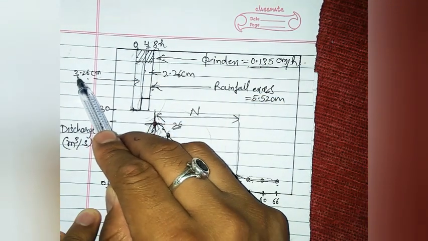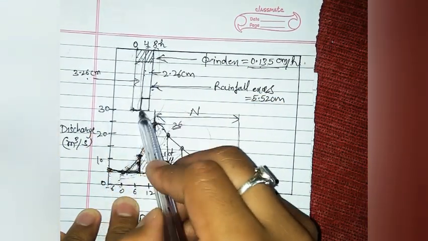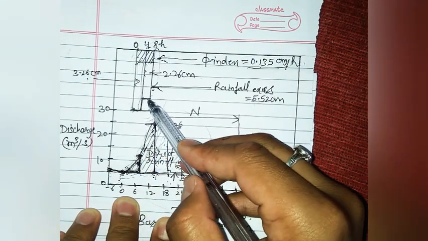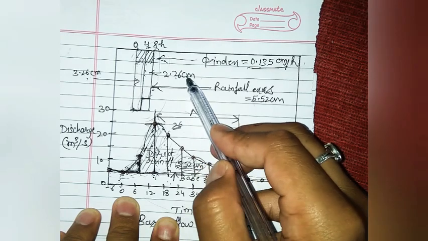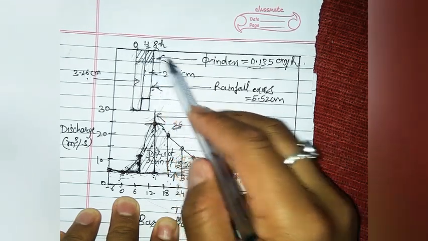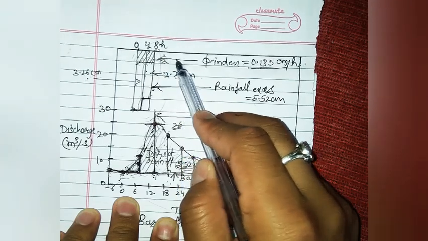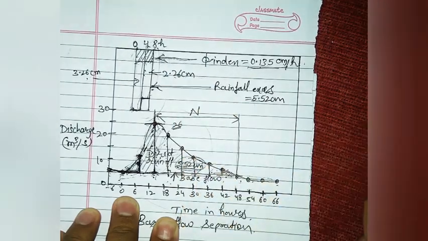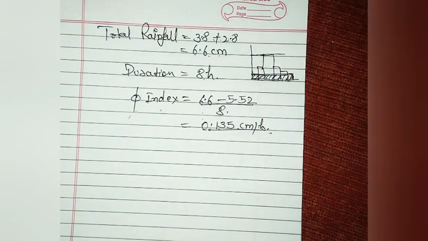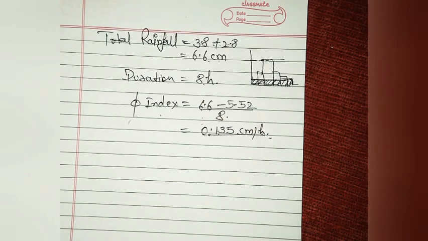So this is your 3.26 centimeter effective rainfall for the first 4 hours, and after that, this is your 2.26 centimeter rainfall after the reduction of losses. This is how we calculate the base flow separation.